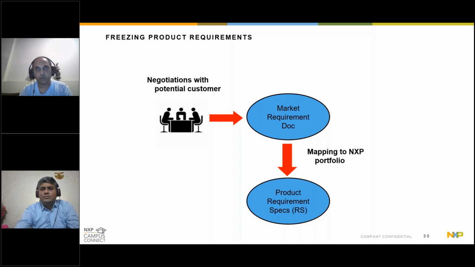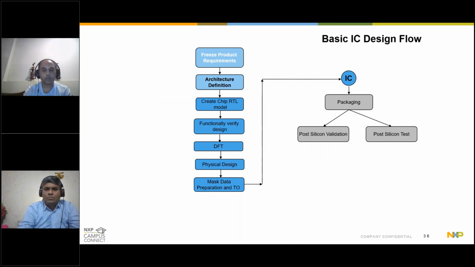So they will translate it to a level where they can define a product. These were the end user requirements, and at an electronics product level, this is how the market requirements map to a product. We call it the product requirement specification, or sometimes just the requirement specification.